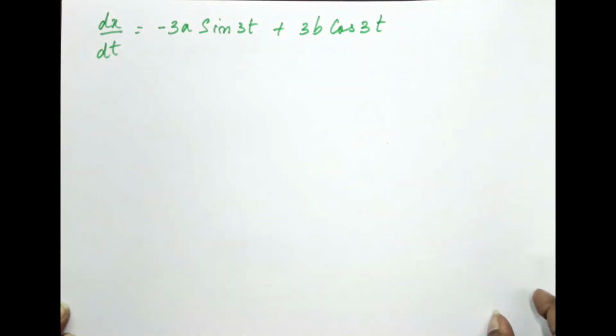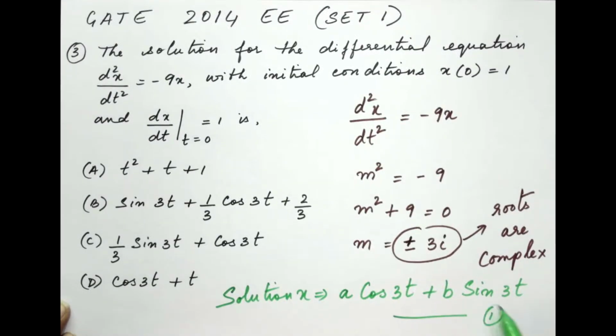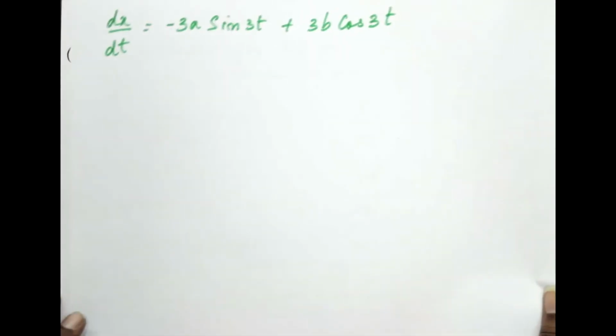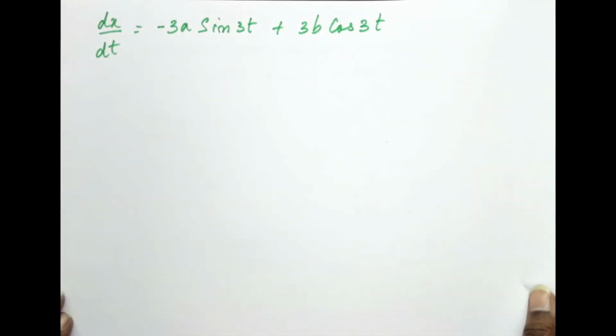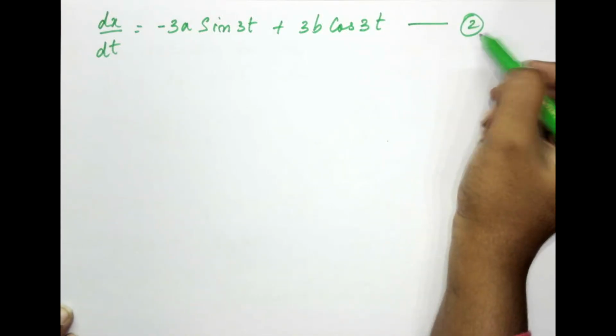Since we are going to solve using a couple of equations, let's call the previous equation as 1 and the one that we have just written, the first derivative, as equation 2.